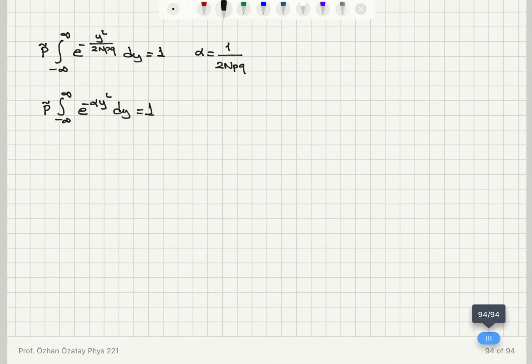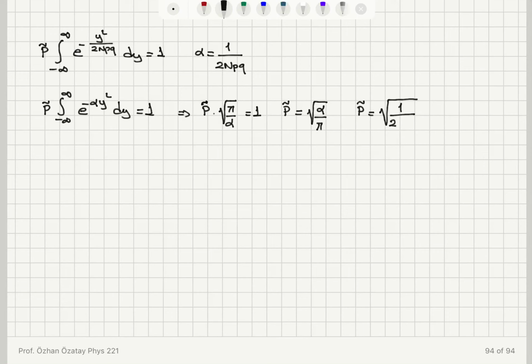The integral from minus infinity to plus infinity of e to the minus alpha y squared dy is p tilde square root pi over alpha, and this is equal to 1. So this is going to tell me p tilde must be square root alpha over pi. So that means p tilde is equal to square root of 1 over 2 pi NPq.